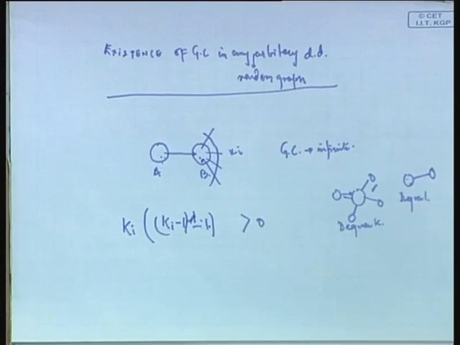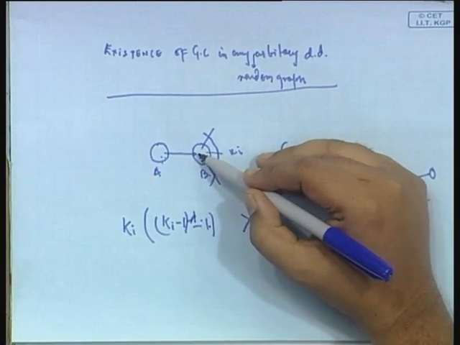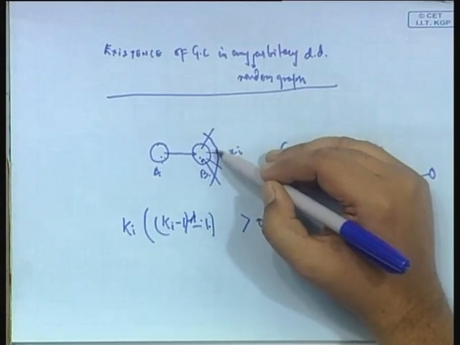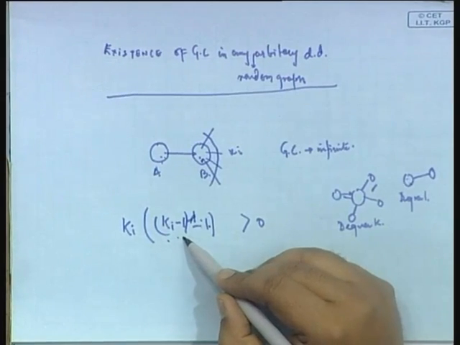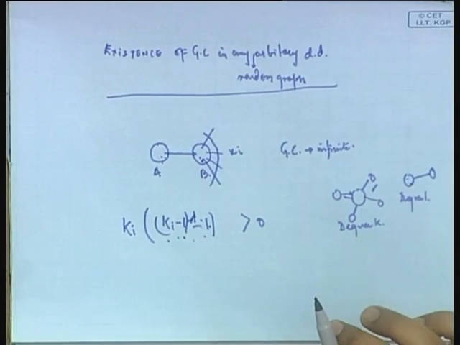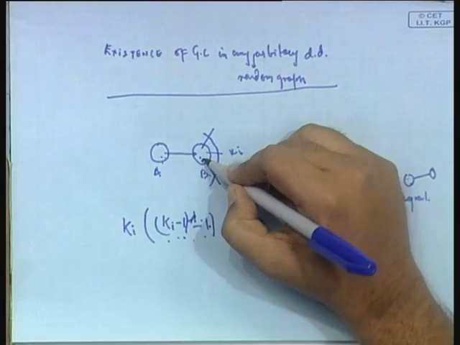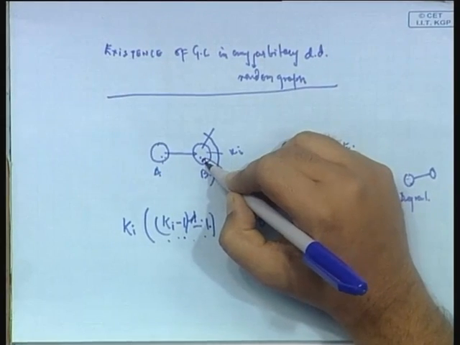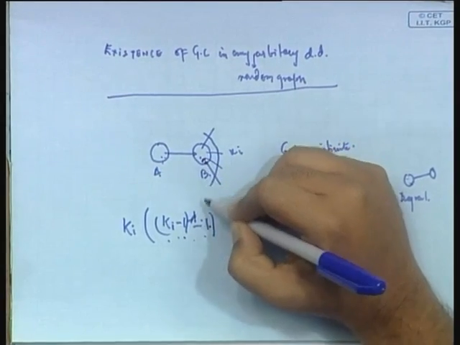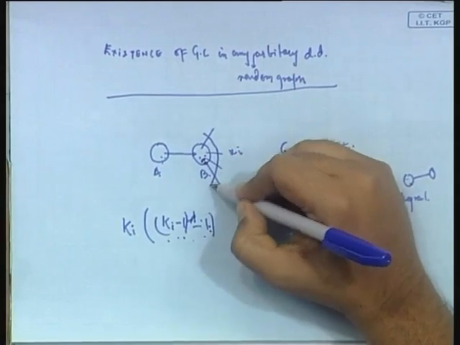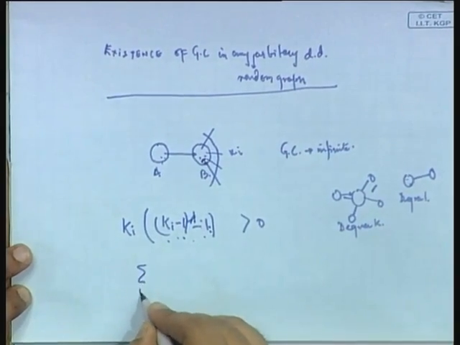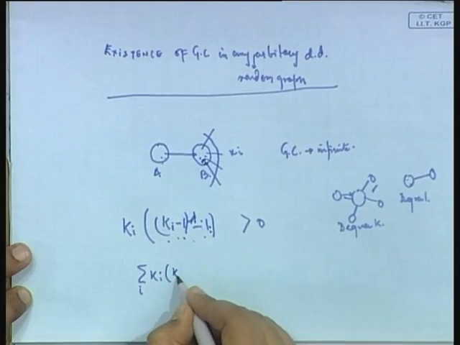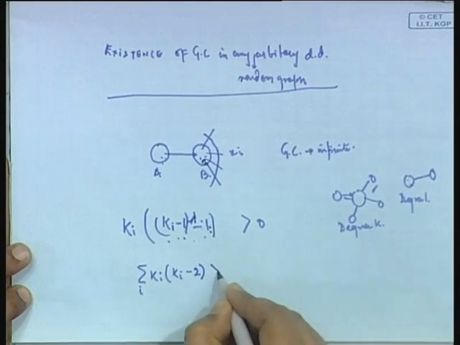Ki minus 1 possibilities, because this node has degree Ki. So it is Ki minus 1 minus 1: minus 1 for A, because I am already spending B, and B gives me Ki minus 1 new nodes. So it happens for all i's: Ki minus 2 greater than 0.